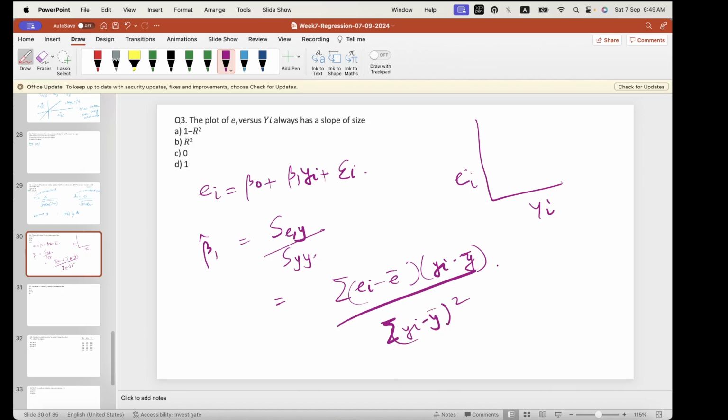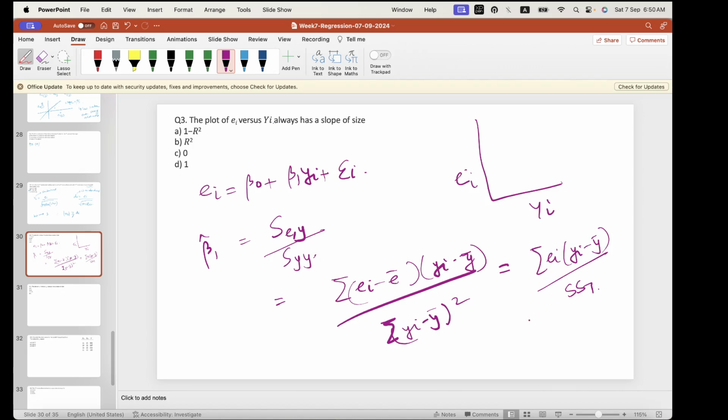Okay, so then E bar is 0, so this will be summation Ei times Yi minus Y bar by SST. Then Y bar comes out, and summation Ei is again 0 because E bar is 0.